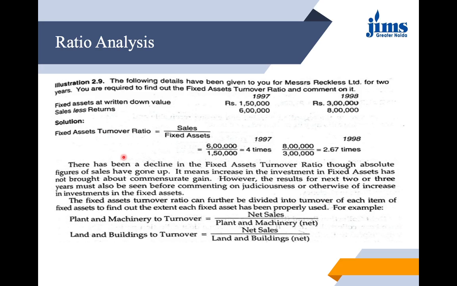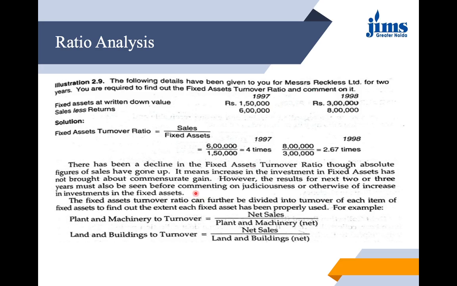It means that the increase in the investment in fixed assets has not brought about commensurate gain, means that it has not brought about the equivalent gain. However, the results for the next 2-3 more years must also be considered on the judiciousness or otherwise of the increase of investments in fixed assets. Means to decide whether this investment, almost making it double, was judicious or not. So we need to see more results for that.